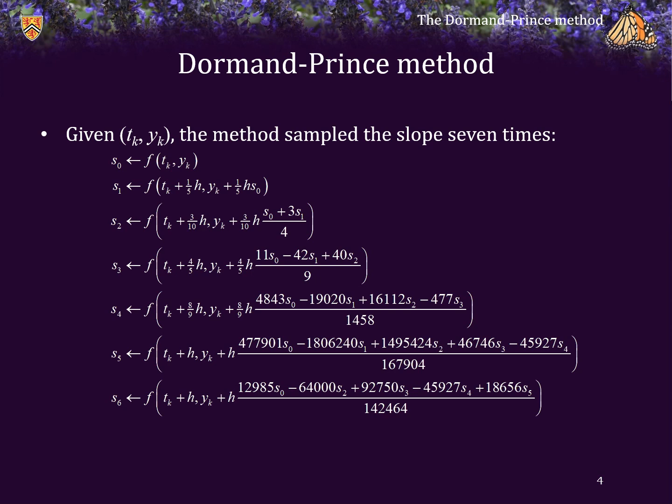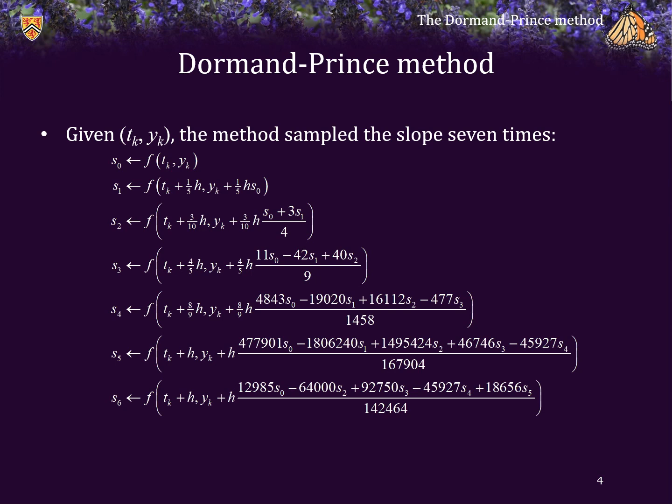When we calculate S3, notice that the coefficients of S0, S1, and S2 are 11 minus 42 plus 40 all over 9, and we see that too is a weighted average. So just like with the fourth-order Runge-Kutta, we are taking weighted averages to calculate or evaluate the slope at the next point.